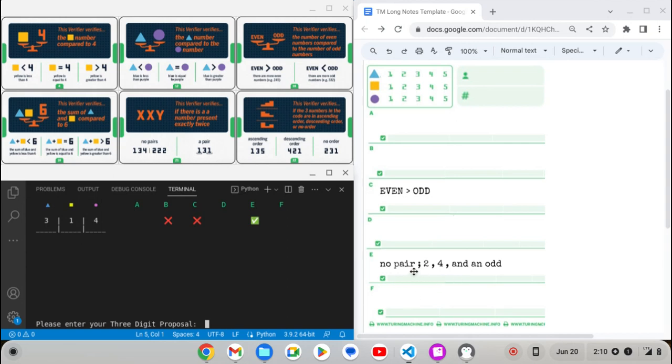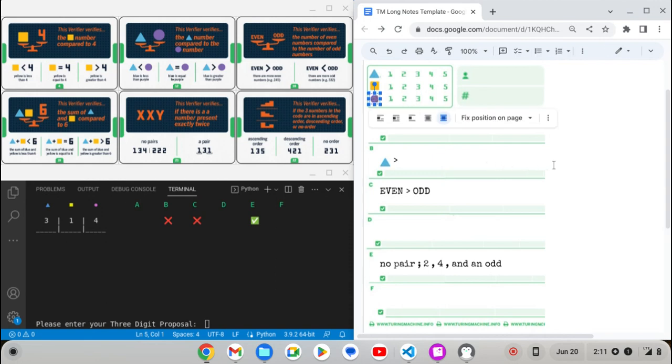There is no pair, so there's nothing that would be equal. So that means that in fact triangle should then be greater than circle. So let me go ahead and write that down in my notes for B, that triangle should be greater than circle.